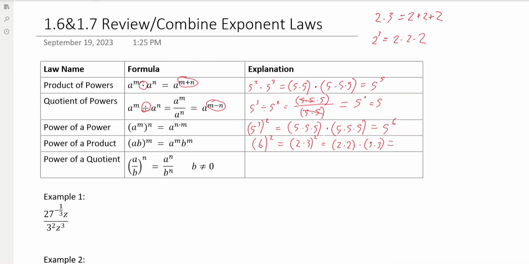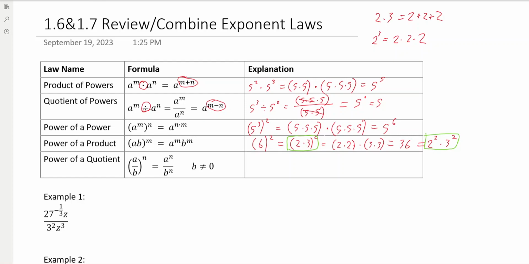So it's 4 times 9, or 36. But the big idea here is this idea of 2 squared times 3 squared. The fact that we can break it up from this step to this step is the interesting part. I'm just showing all the different possibilities there, but you can break it up from the green step to the green step.